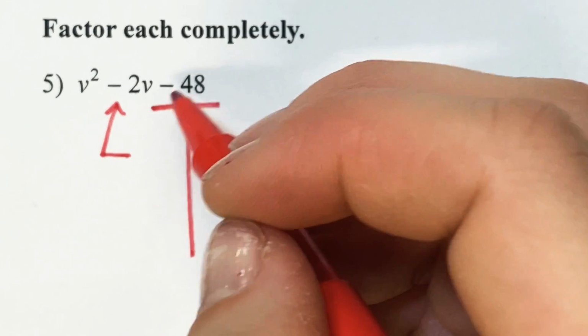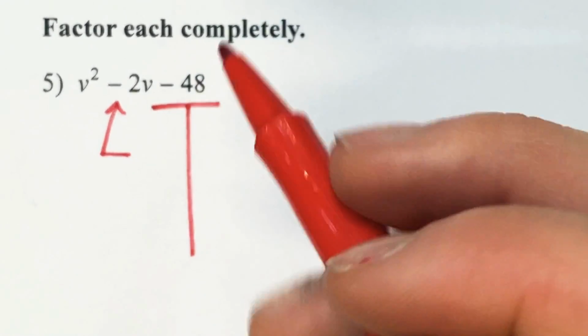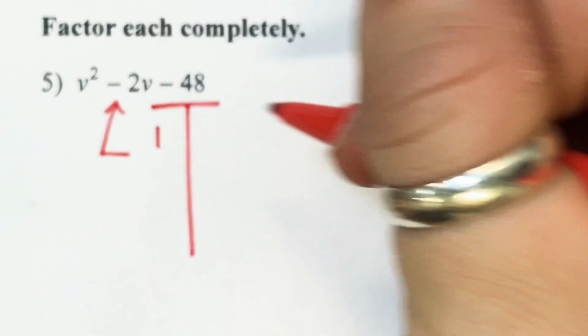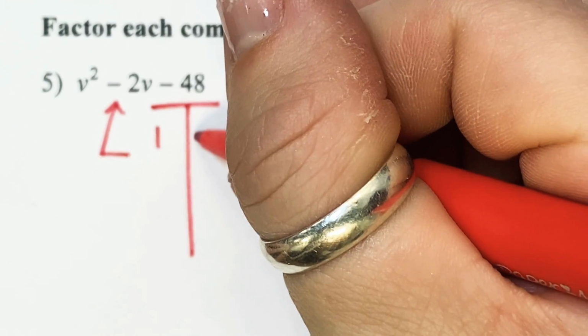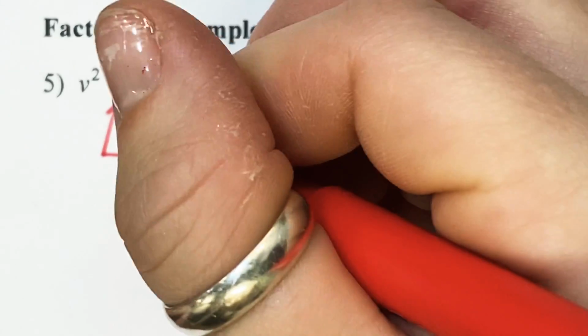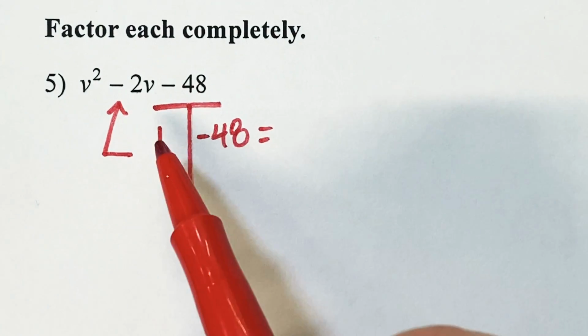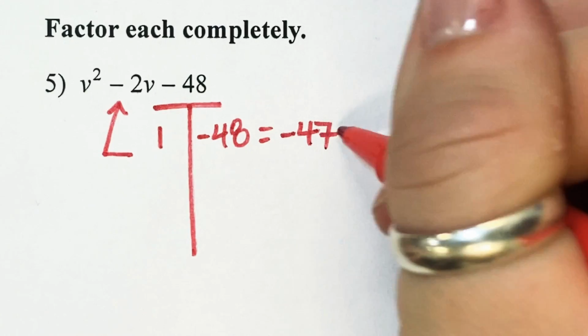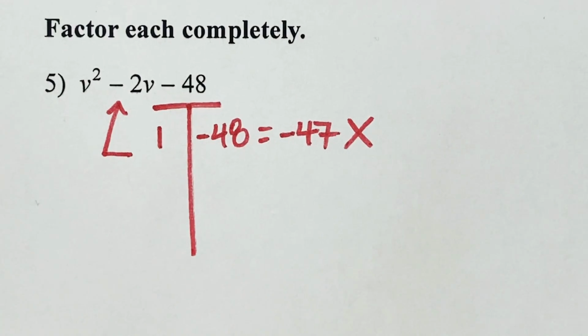The only way we can get a negative is if we multiply a positive times a negative. So, for example, the only way I could get -48 is if I did 1 times -48. But is this going to equal -2 when we add it together? 1 minus 48, that's going to give me -47. So that's not our answer.